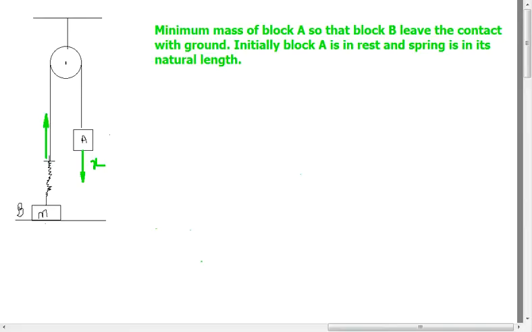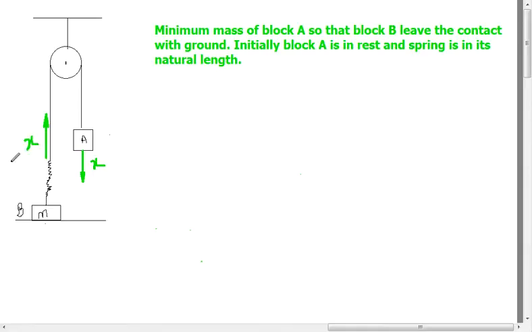So the force on the spring due to the downward motion of block A will be kx. Okay, this is the x.